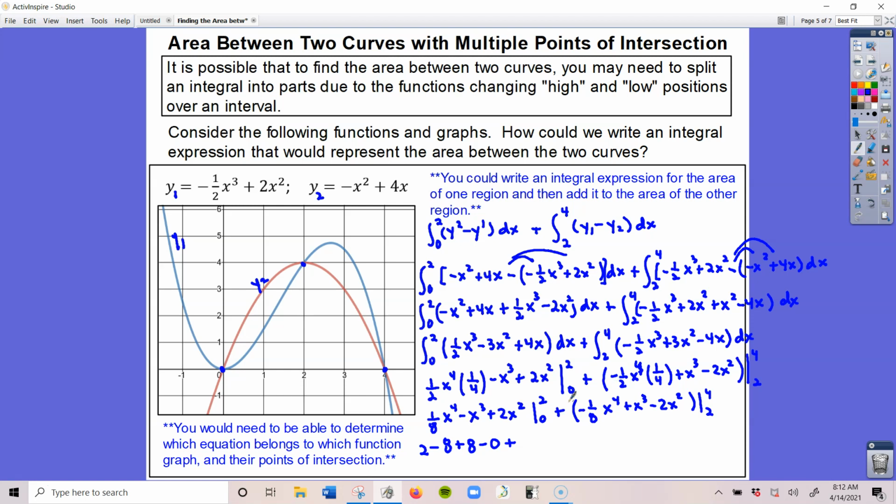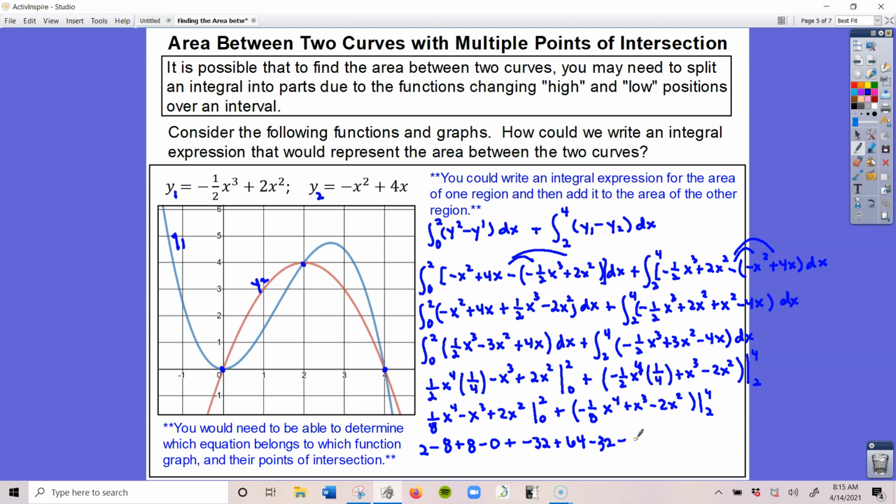We're going to plug in the 4. 4 to the fourth is 256, and 256 divided by negative 8 is negative 32, plus 4 to the third is 64, minus 4 squared is 16, and 16 times 2 is 32.